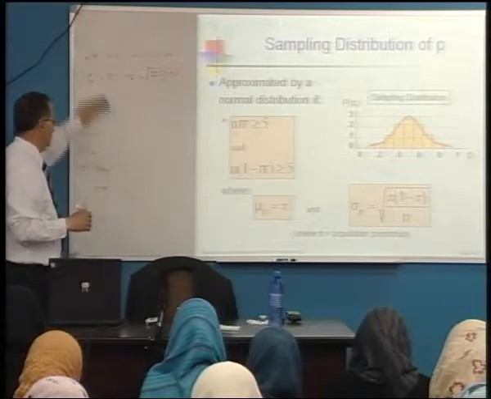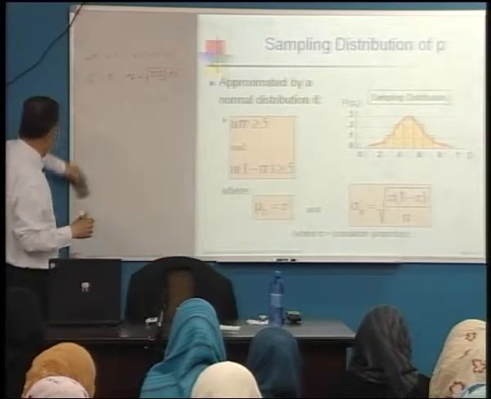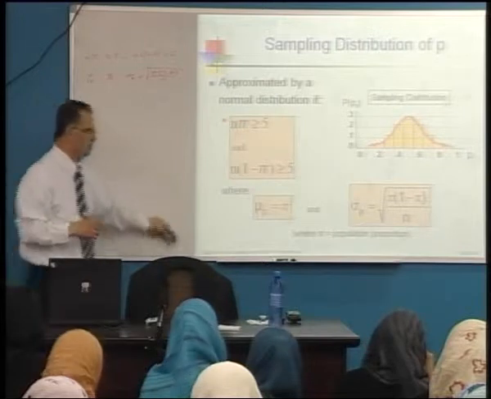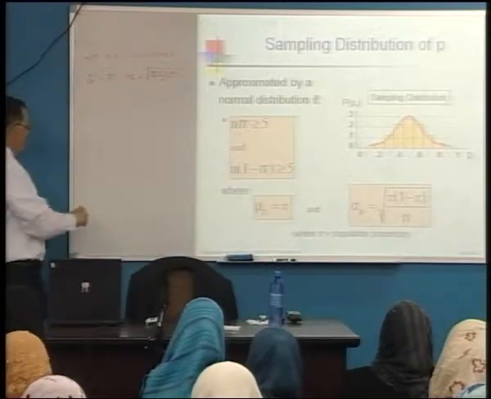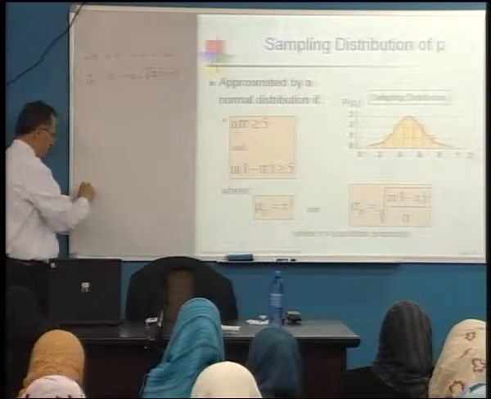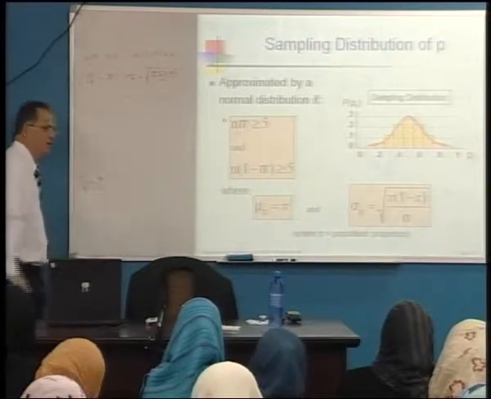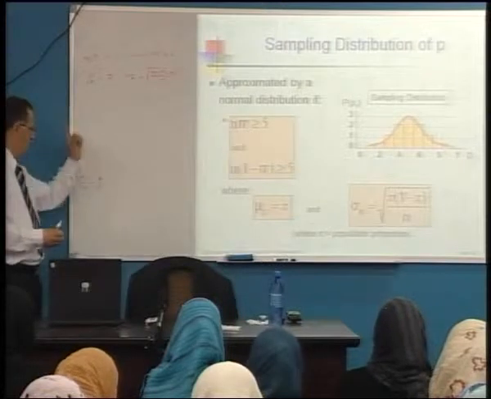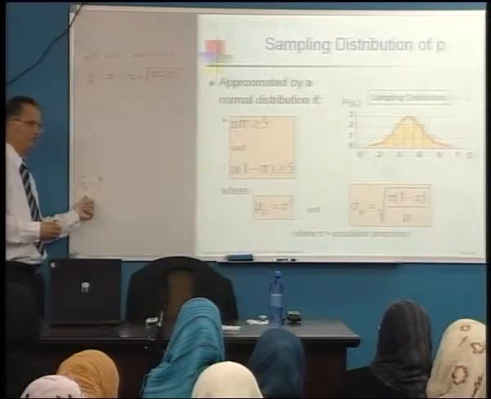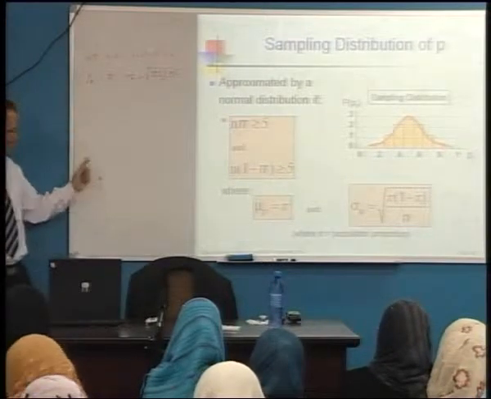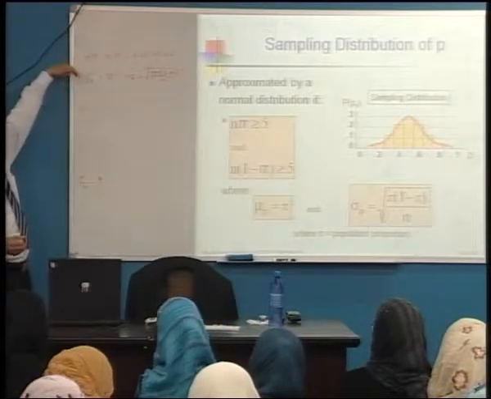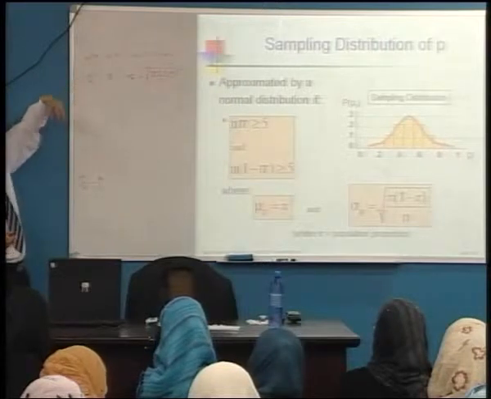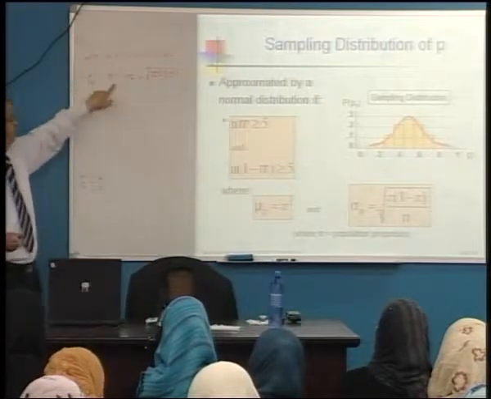Let's compare this result with the sampling distribution of the sample mean. If you remember, the statistic there is the sample mean, and the mean of x bar is mu. On the other hand, for the sample proportion, the mean of my statistic is pi.